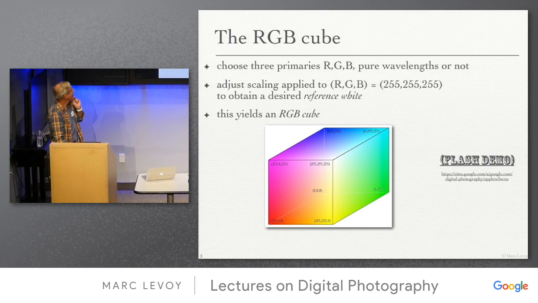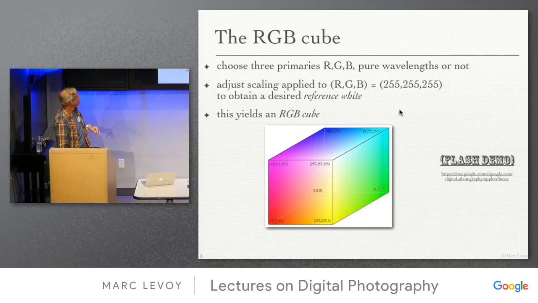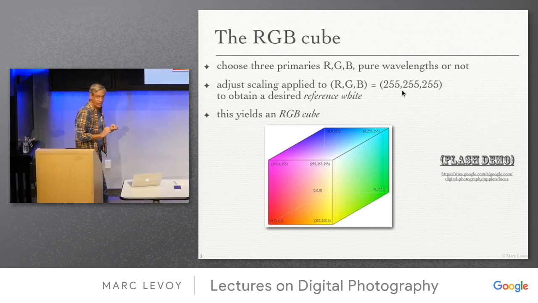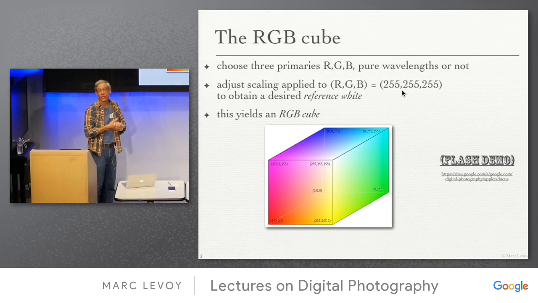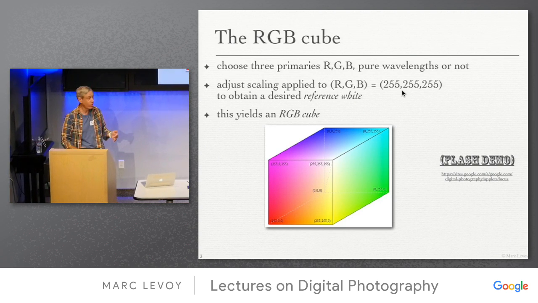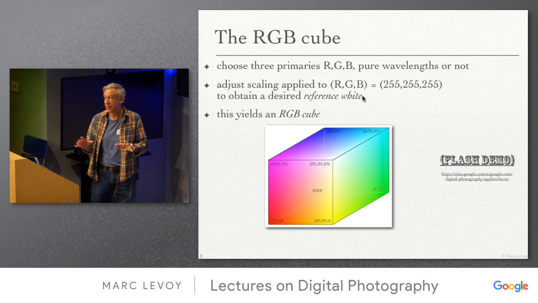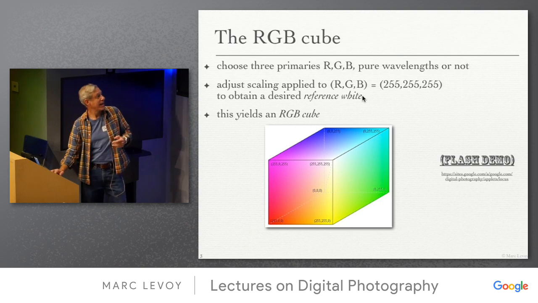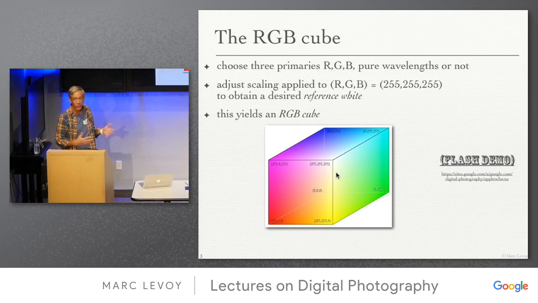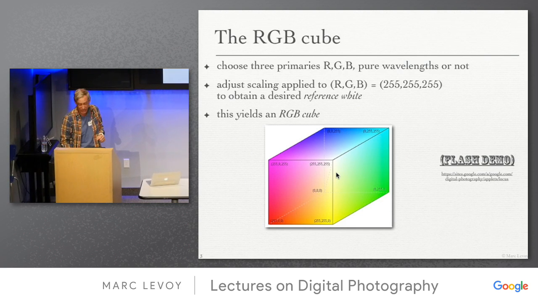Choose three primaries, whether they're pure wavelengths or not, and then adjust the scaling to the nominal 255, 255, 255, so that you get some white that you like. It could be a bluish white or a reddish white, and that's called the reference white. Once you've set the primaries and the reference white, now here is a color space that you could manipulate. Computer graphics people know how to find colors in this space.